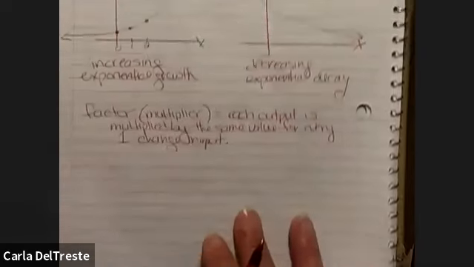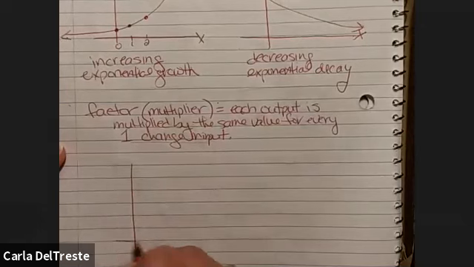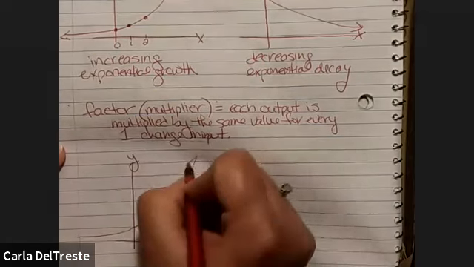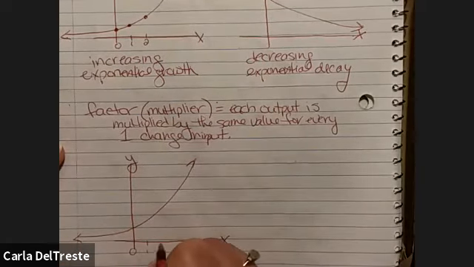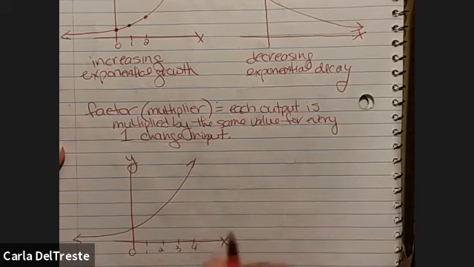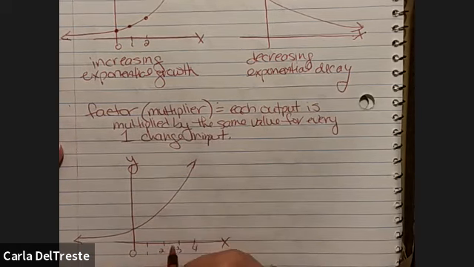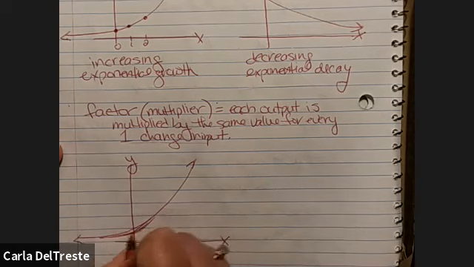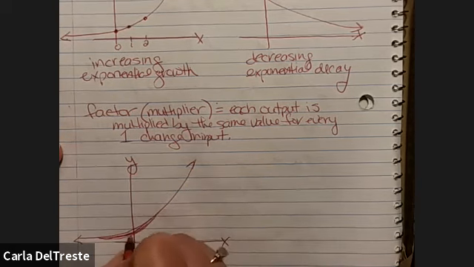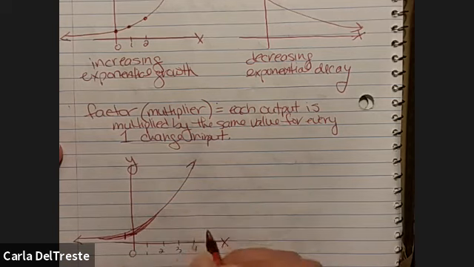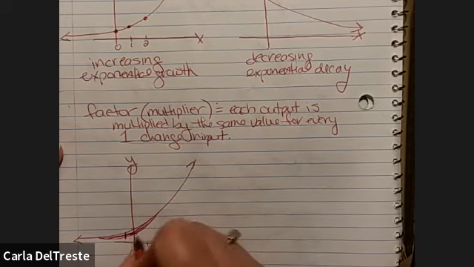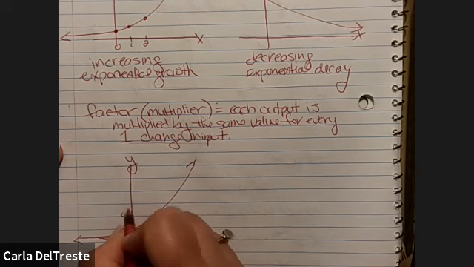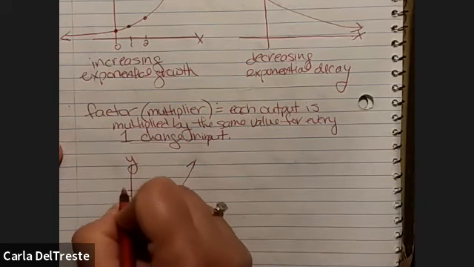Let's actually put some values in a picture so that we can see what's happening. Let's say we have exponential growth, and it looks like this. Let's call this 1, 2, 3, 4, 5, 6, 7, 8.